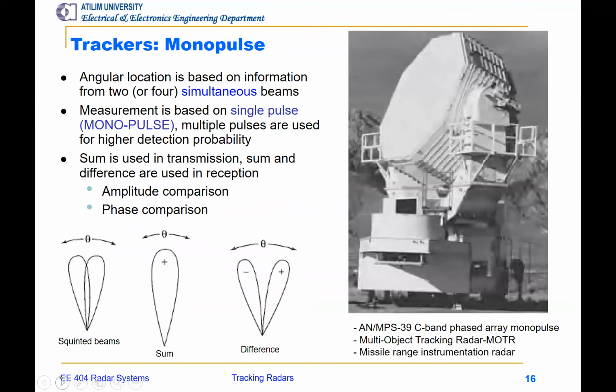Okay, let's see monopulse tracking. That's the last tracker and the most advanced tracker among the three trackers.